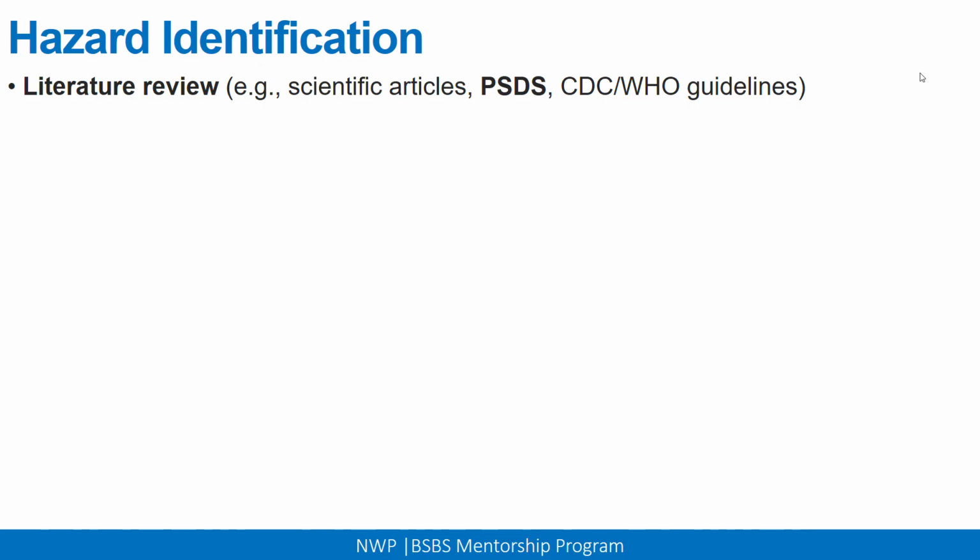Another thing is you can go online and download some of the pathogen safety datasheets. The pathogen safety datasheets are simply datasheets that will give you information on a particular biological agent. So take for example, if you are doing a risk assessment on E. coli, you can go online and check for a pathogen safety datasheet and find more information on that particular pathogen. It will give you information on the host ranges of this particular agent.